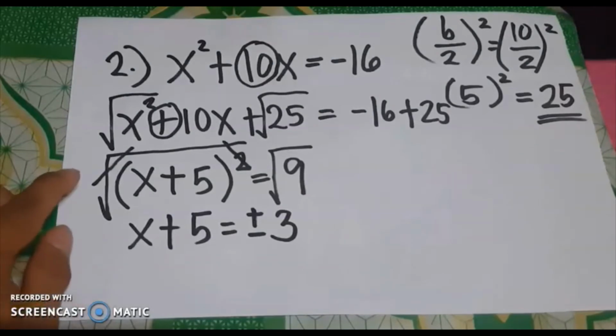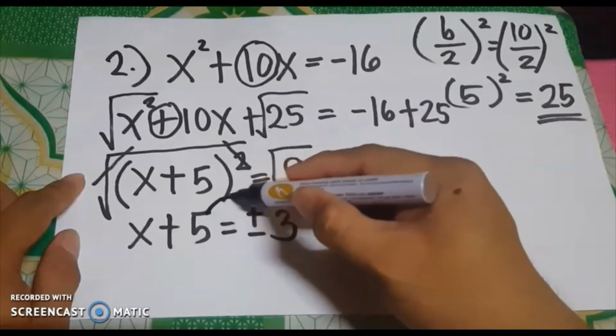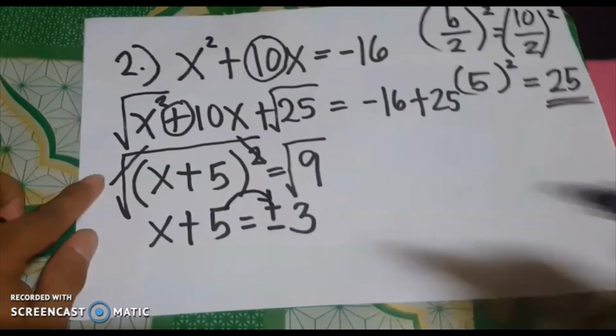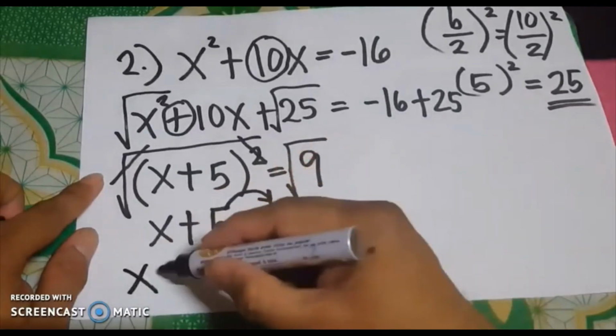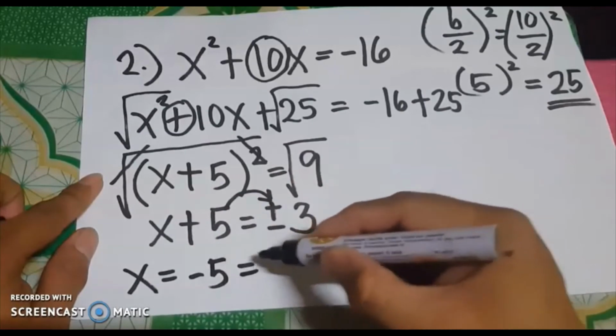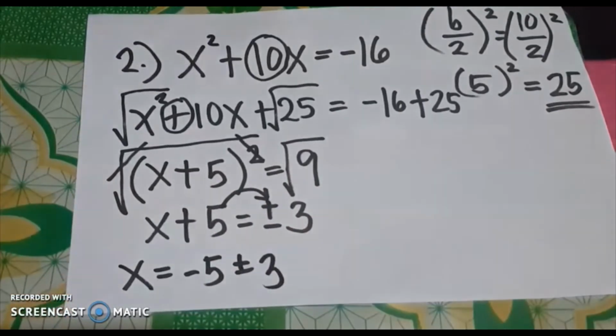Then, we're not yet through because x here still has 5 here. So you have to move 5 to the right side of the equation. When we do that, it will become x is equal to negative 5 plus or minus 3.